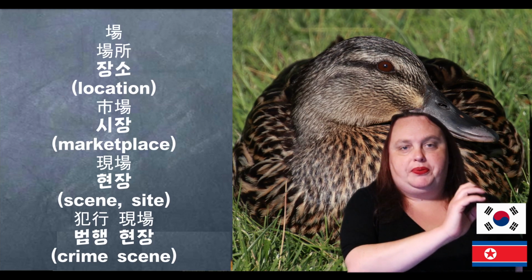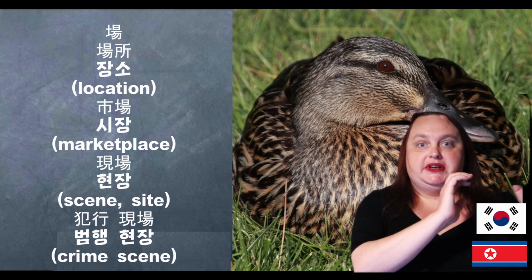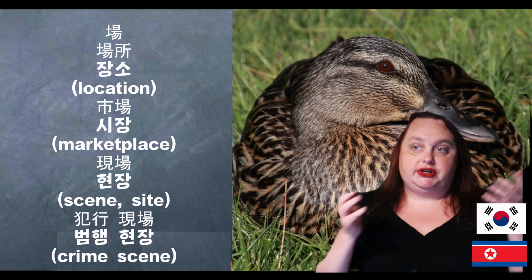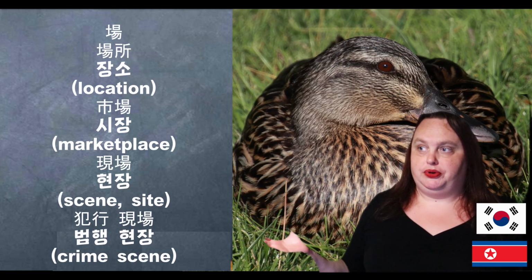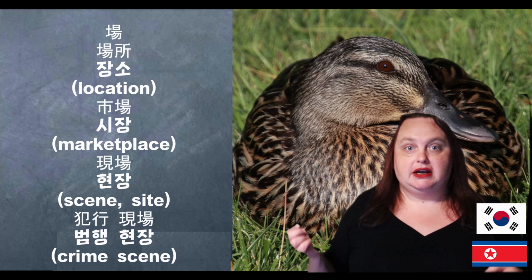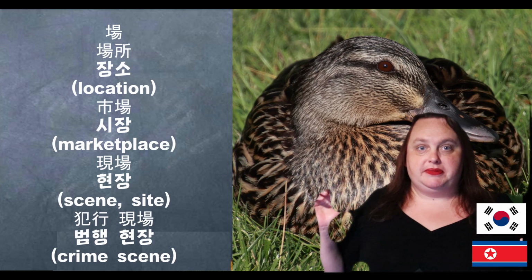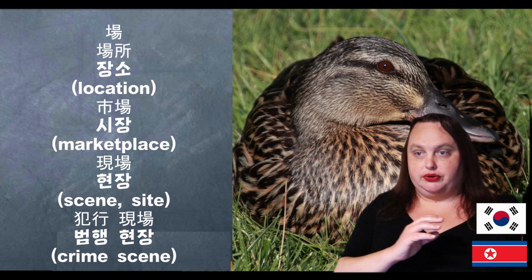Hyun means to appear, or like to be actual, or to be current. Jang, again, place. Hyunjang is the scene of something. For example, if you're talking about a crime scene, that would be Pomhing Hyunjang. But it can mean all sorts of other kinds of scenes of something happening. Hyunjang.